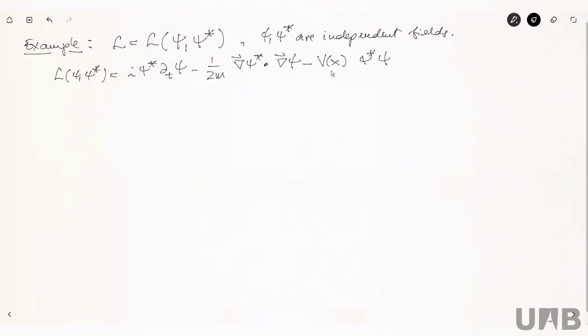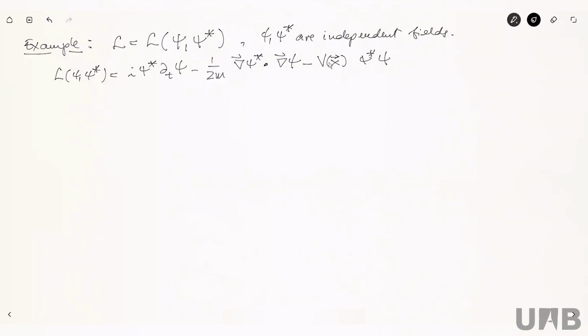Okay, and this x in here could be space and time, everything, if you wish. Although the most normal situation is that this only depends on space. It does not depend on time, but it could also depend on time.